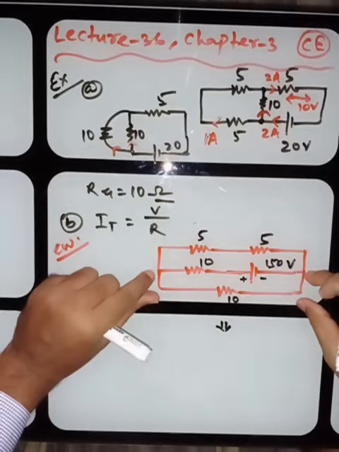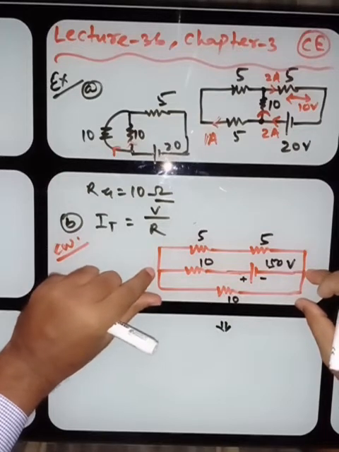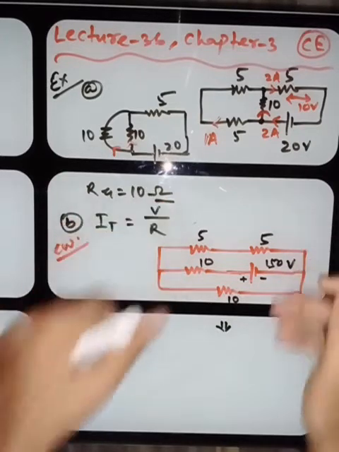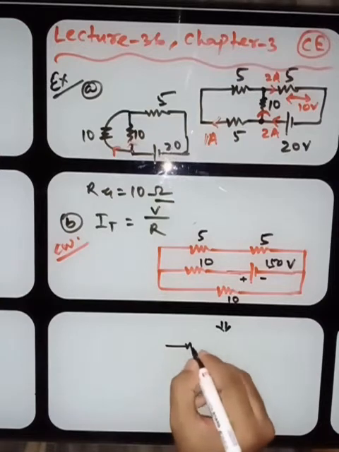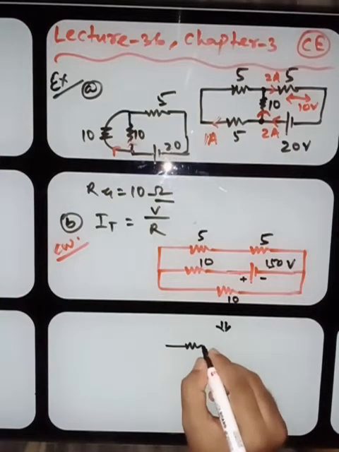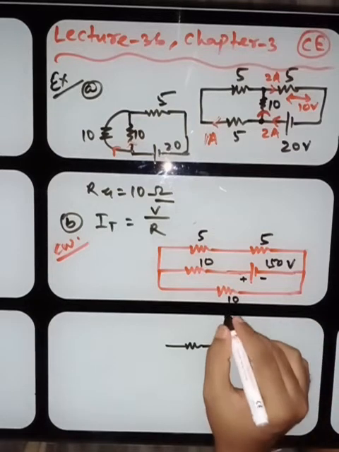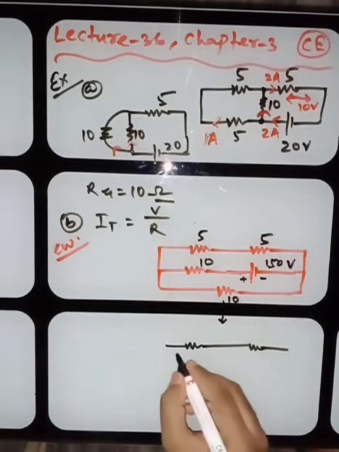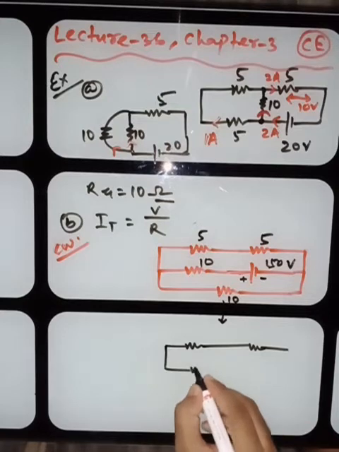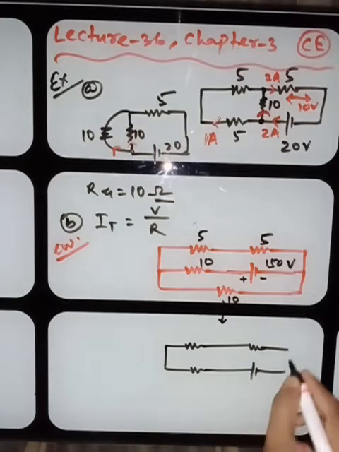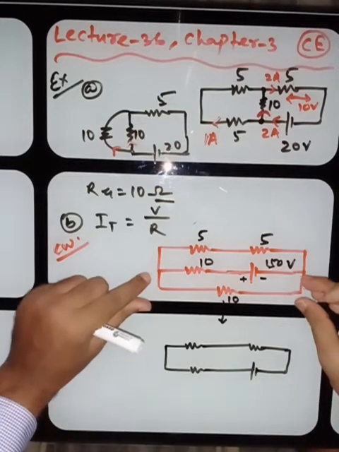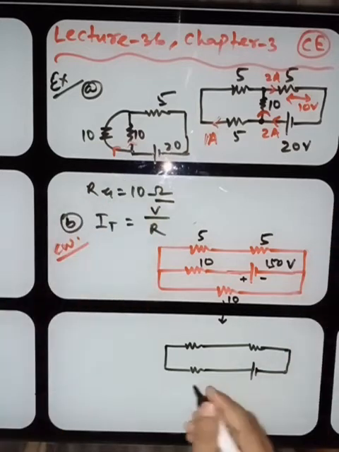This is a flexible wire, so hold this resistor and keep it up in this way. The two resistors are connected here, and the battery, and this one can be pulled up.